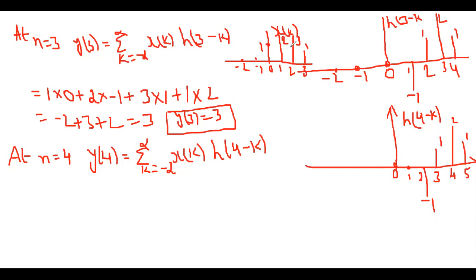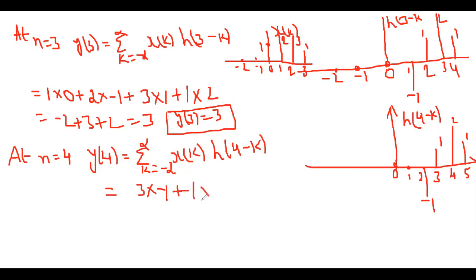Okay. Now multiply the values. At 0 there is no value, that is 0. There is no value at the 1, that is also 0. And 2, 3 values only we have. What is at 2? 3 into minus 1, because the value of x at the 2 is 3, and here is a minus 1, plus the value at the 3, the 1 and 1.